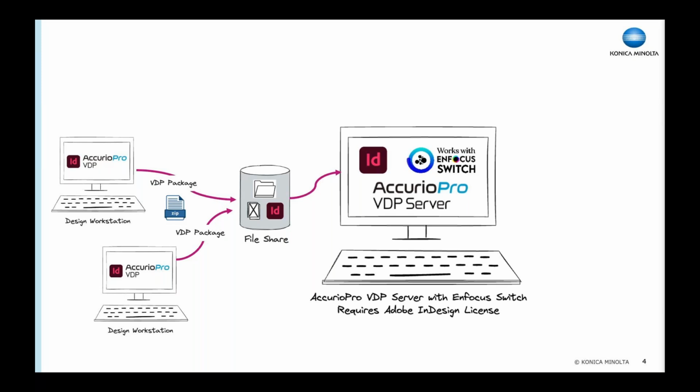Now, obviously, if you're doing USPS Intelligent Mail barcoding, that's just a text link to using a special font. There's nothing there. But if you want Code 128, Code 39, or you want QR code, Data Matrix, we do have an add-on module for that. And the VDP Imposer module I mentioned, that's also an add-on. Everything else is included as a core component of AccurioPro VDP.